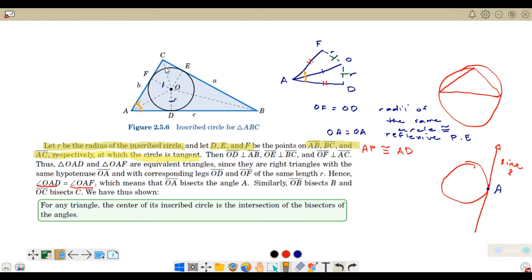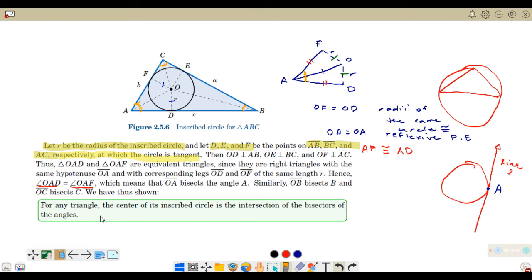Similarly, OB also bisected angle B, angle CBA or ABC, into two congruent parts. And also, angle C is bisected by segment OC into two congruent parts. Okay?